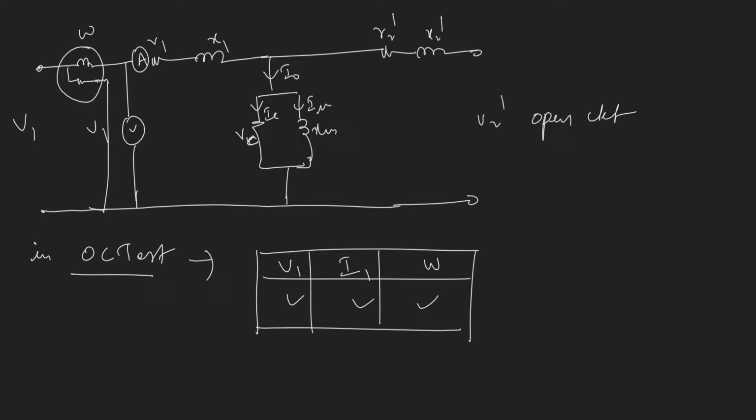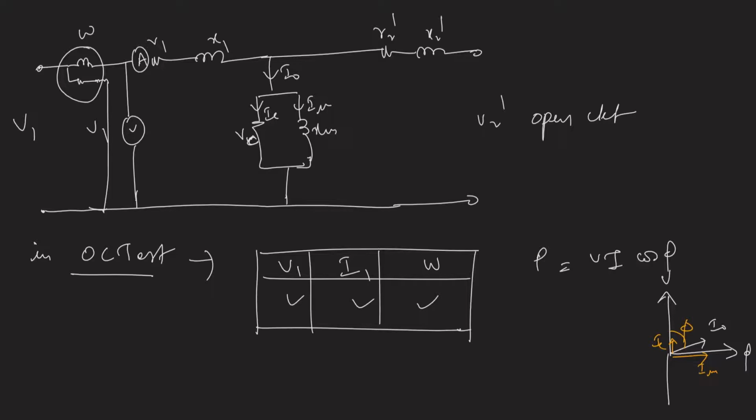And from these, we know the power input is equal to VI cos phi. From the phasor diagram, this is V, this is phi, and this is the no load current I naught, which has two components: one is the IC component and one is the I mu component, and this is the no load power factor.